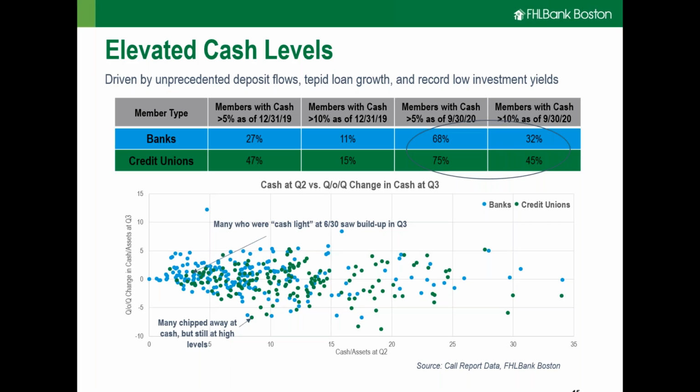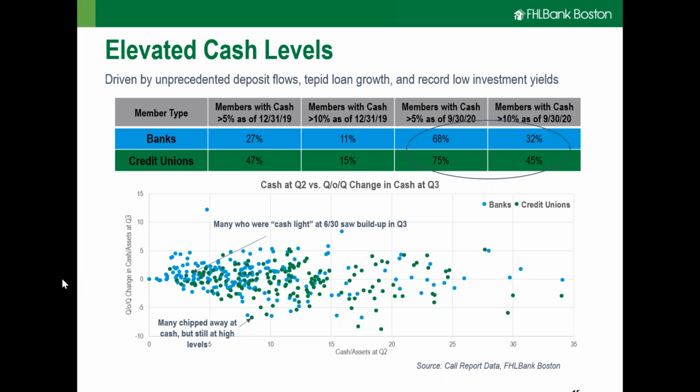And then even when we look at that 10% level, there is significant increases in the amount of cash on the balance sheet. So, truly incredible shifts here for a normally boring and stable part of the balance sheet. So the chart on the bottom isn't the greatest visual for this format, but I'll give you some insight into 2 things that jumped out as we dug into the data.